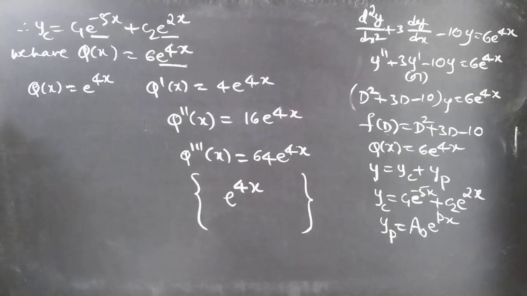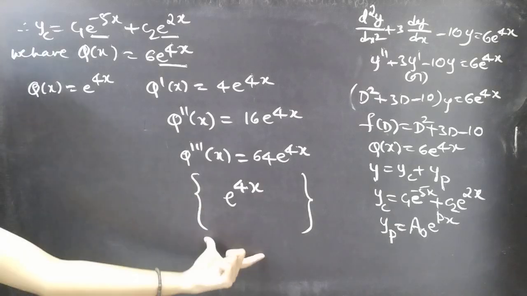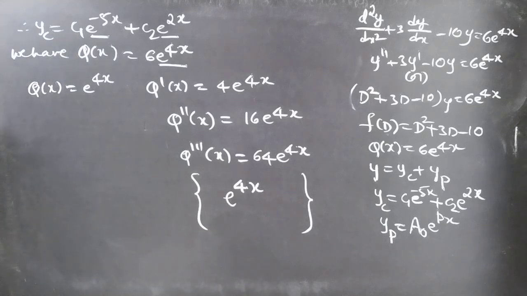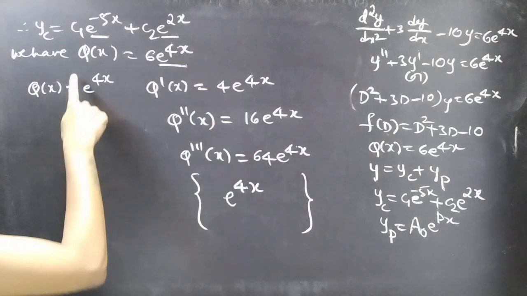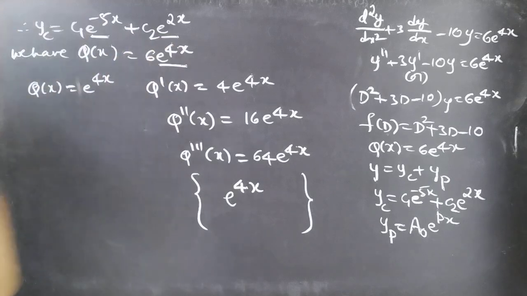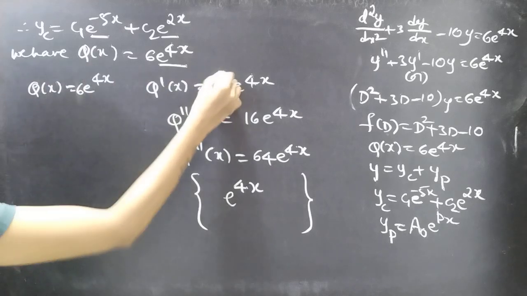So we'll write yp using this e power 4x, or using this set we can say. As I said earlier, we have to neglect the constant coefficients 4, 16, 64, and here 6. Just neglect it. It's not necessary to have.